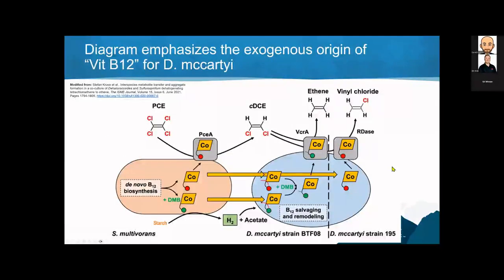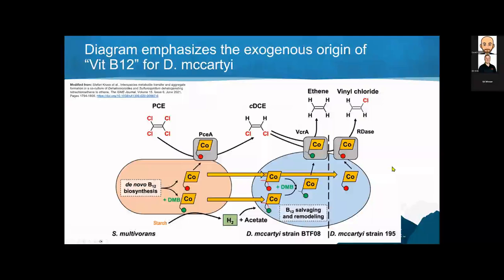Now, this diagram emphasizes a slightly different point, and that is that the B12 for Dehalococcoides mccartyi and the obligatory dehalogenators must come from outside the cell. And the easiest and most sustainable way for it to come is if another bacteria produces it.